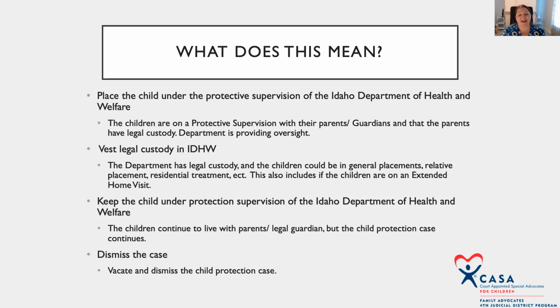Vest legal custody in IDHW is what the majority of our cases will be, especially at case plan. This is where the department has legal custody over the children. They are the ones who get to make the decision about visitation, about where the children are placed. This also includes extended home visitation. We know that the judge has to sign the order approving extended home visitation, but while the kids are on extended home visitation, the legal custody of the children still falls under the Department of Health and Welfare.